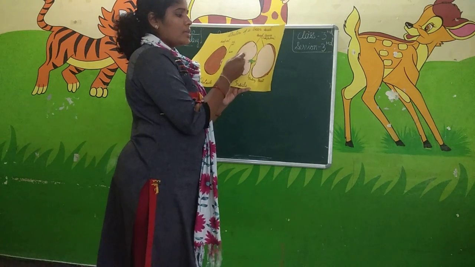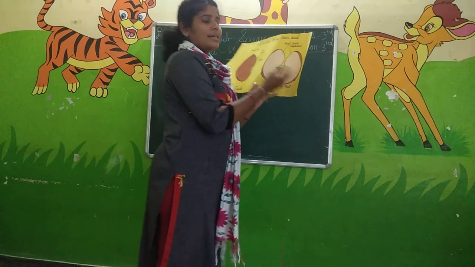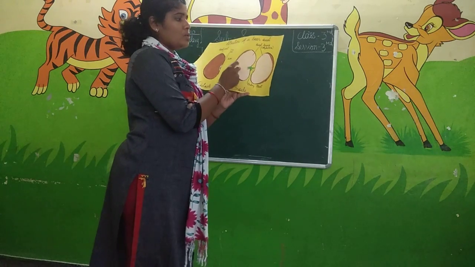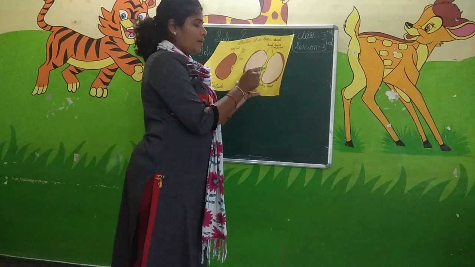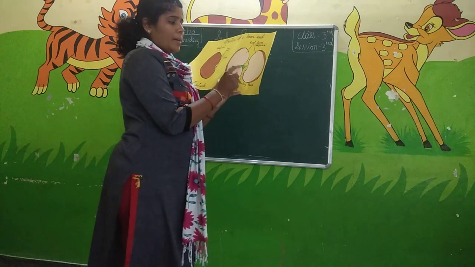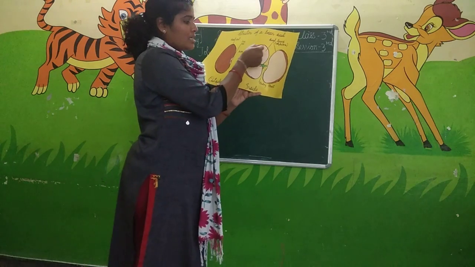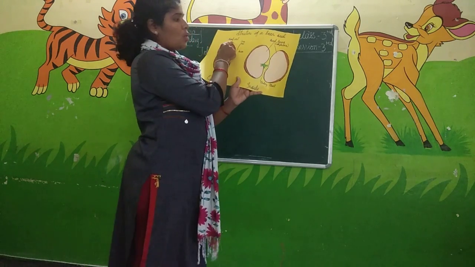These two sides are called cotyledons, or seed leaves. In the middle we can see the baby root and the baby shoot, from where the plant will grow. And here we can see the brownish color, that is the seed coat.